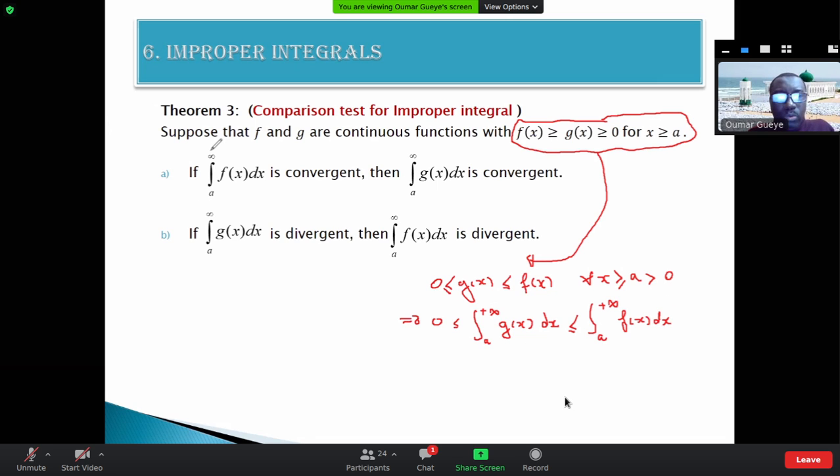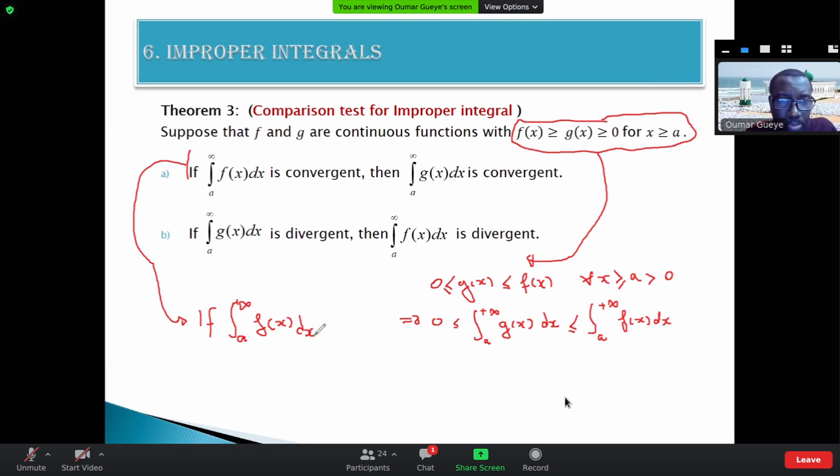Now, what the condition here says: if the integral of f from 0 to positive infinity is convergent, we've seen last week that convergence means the integral is equal to a number.